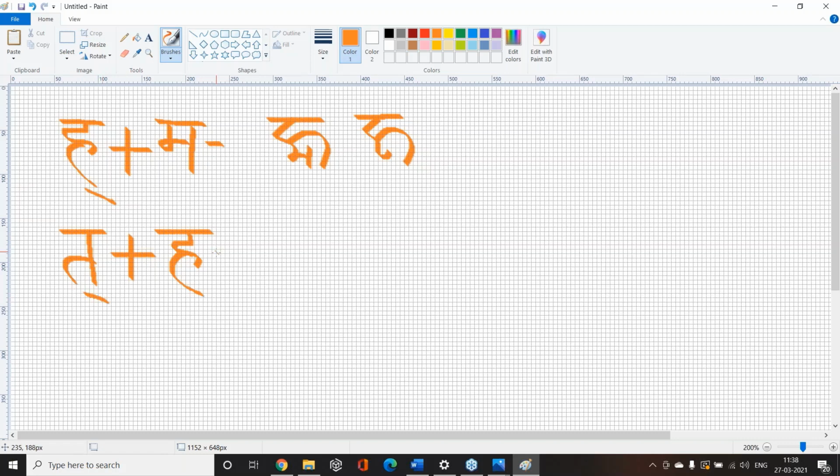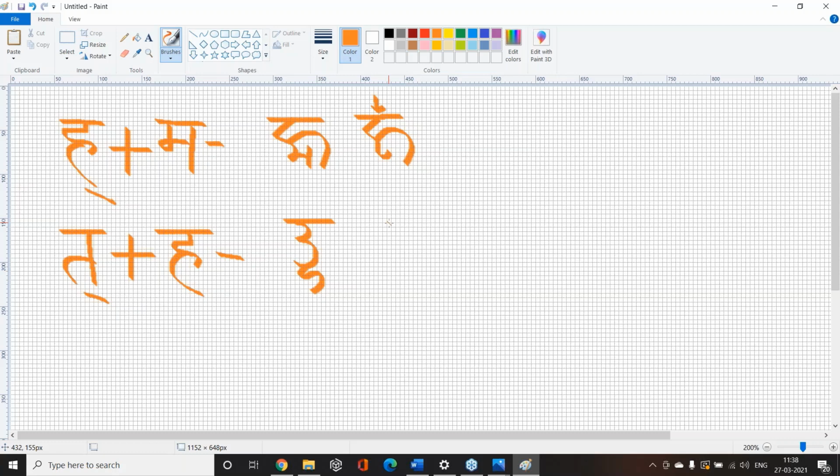For example, now this is the half and her full. As per the rule, the half would be written full, and then letter her would attach directly below it since it belongs to category A. Here, it's touching the Shirorekha just once, so it will be written directly below it without any Shirorekha.